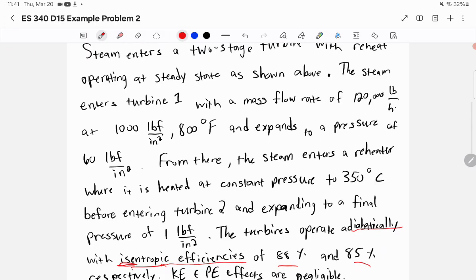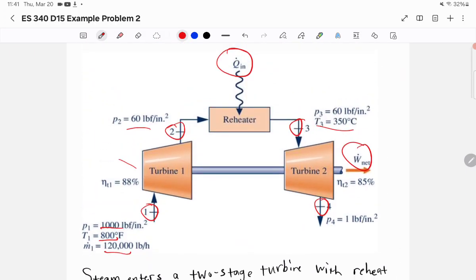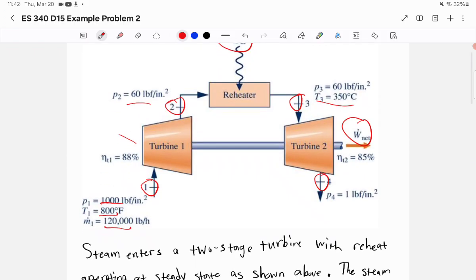This is operating at steady state, so m1 dot is going to be equal to m2 dot equal to m3 dot equal to m4 dot, right? Because this is just a single flow. Since there's only a single inlet and single exit at each of the places, at steady state we're just going to have an m dot.